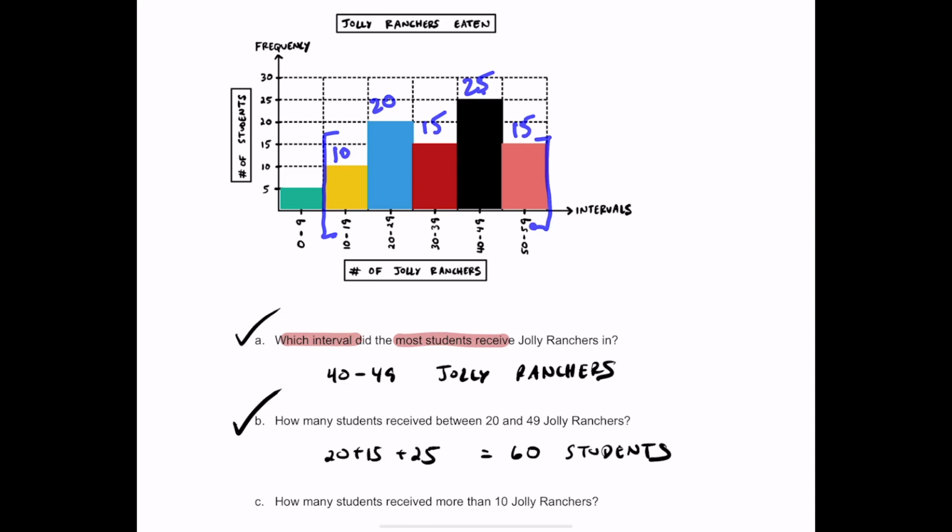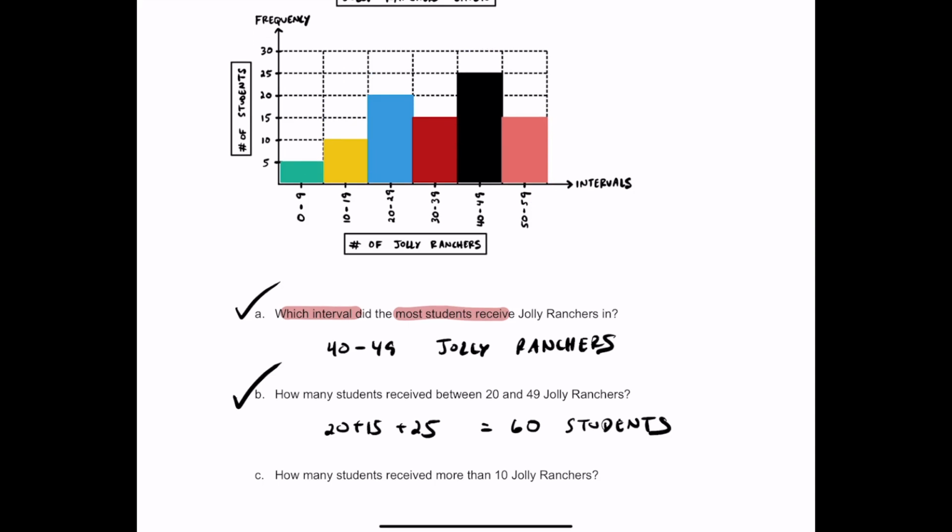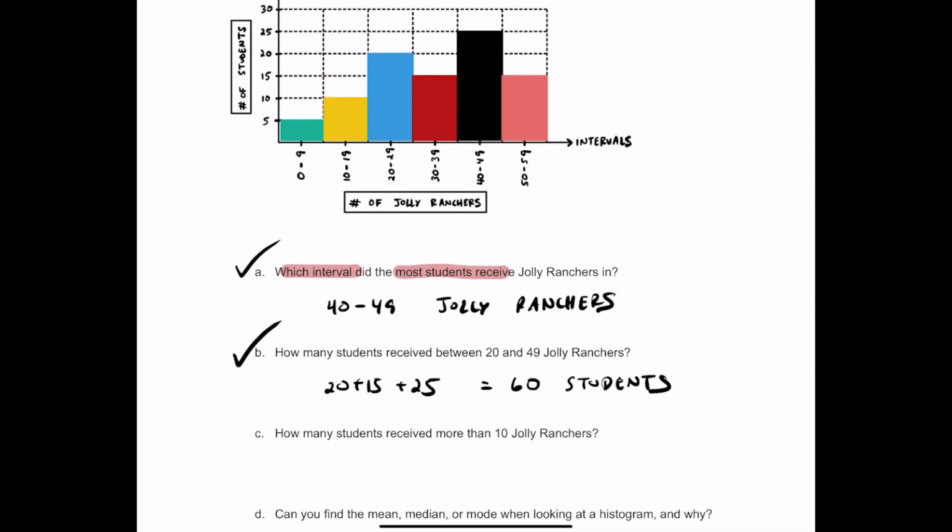So 85. I'll write these numbers in. That's 10 plus the 20 plus the 15 plus the 25 plus the 15. There's 85 students who got more than that.